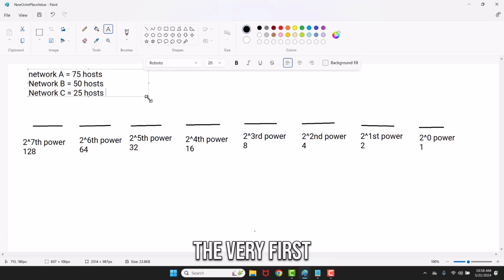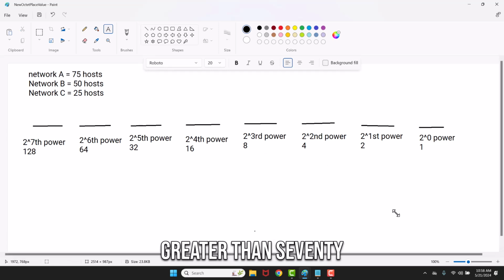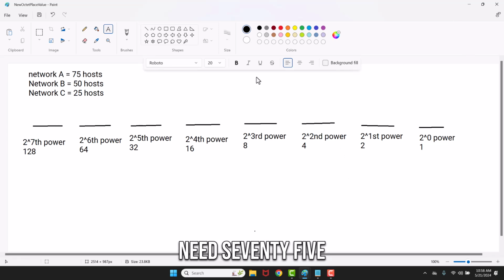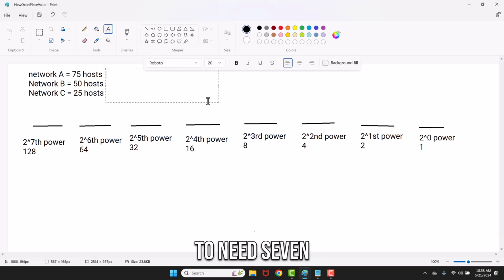The very first value that is greater than 75, come all the way from the right to the left. So when I need 75 hosts, then I am going to need 7 zeros. That's how many I'm going to need. So it's going to be 2 to the 7th power. Okay?